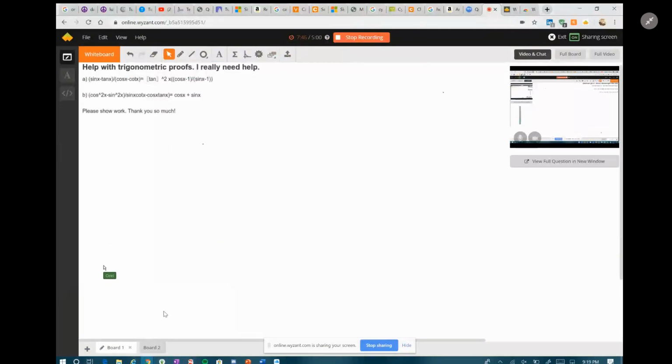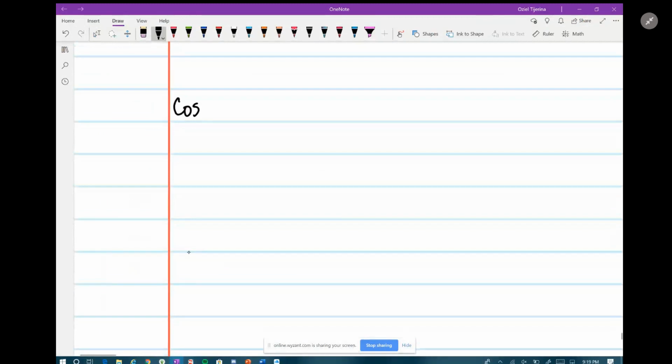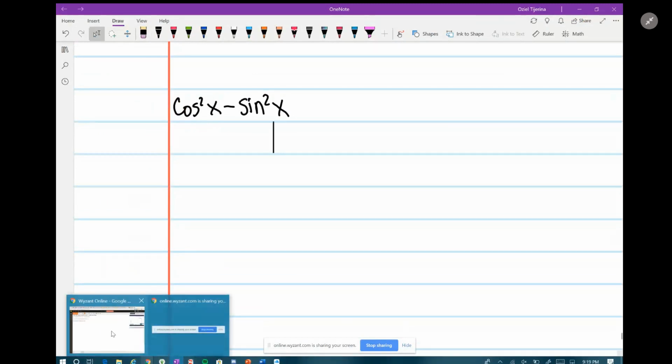So for the second one, we have (cosine squared of x minus sine squared of x), I think. Give me a second.